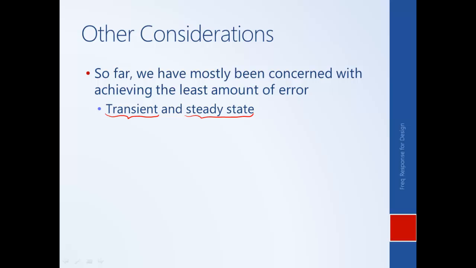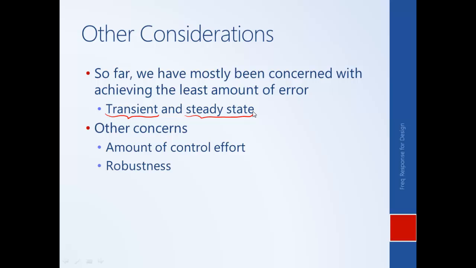There are, however, other considerations besides just how much error the system achieves and how quickly it gets there. For example, we might be concerned with how much control effort is required, how much force or torque needs to be applied by our controller, and that has implications for cost and efficiency. Also, we may be concerned with the robustness of the system, robustness to undesired inputs or to uncertainty in our system.